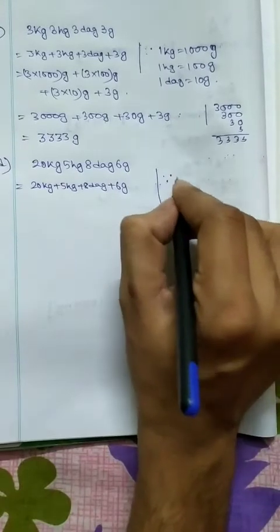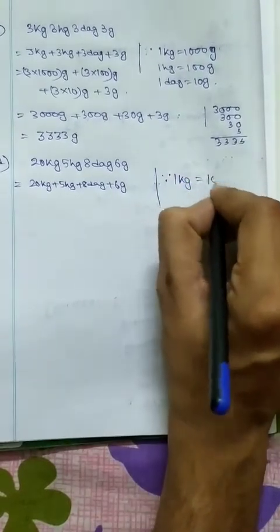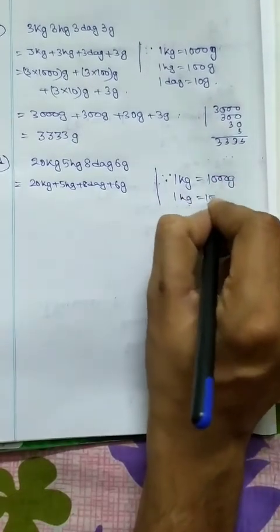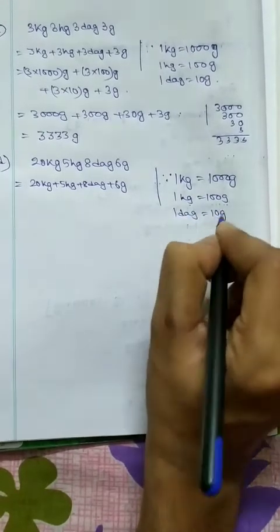Now already we have from the table 1 kg equal to 1000 gram, 1 hectogram equal to 100 gram, 1 decagram equal to 10 gram.